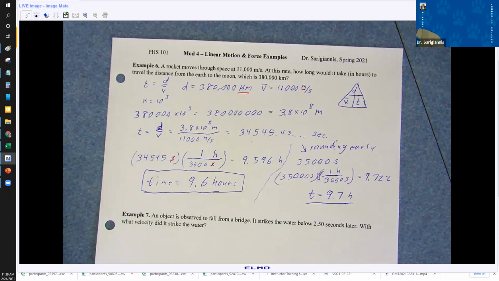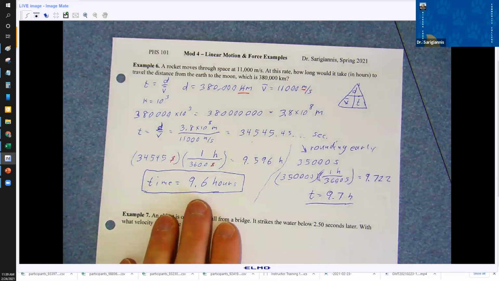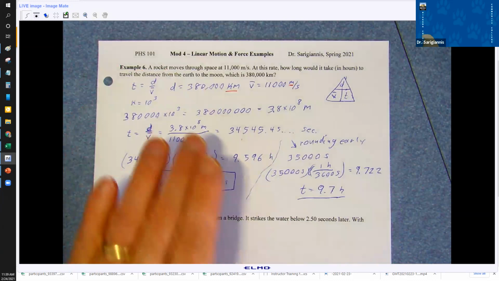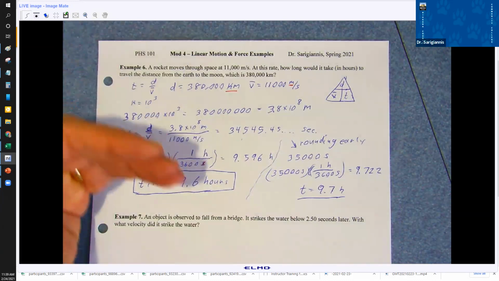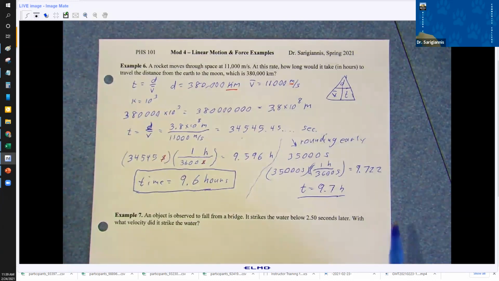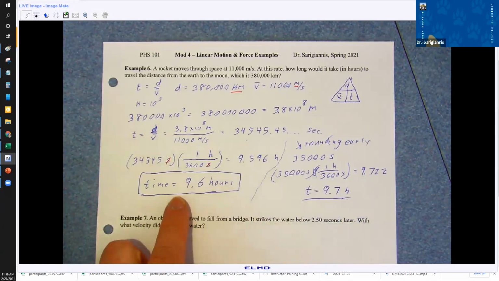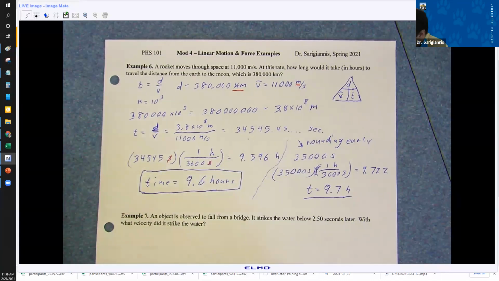So for multi-step problems, you typically want to hold off and round at the end, right? You don't want to round each step. If I had 3 or 4 steps, I could have easily wound up with a final answer that was a lot different than the actual answer. So this is the way we do it, right?